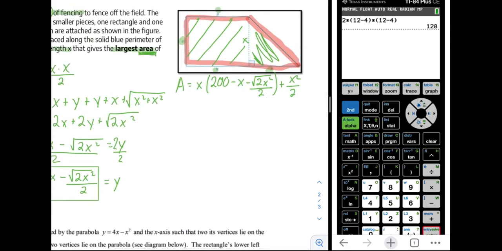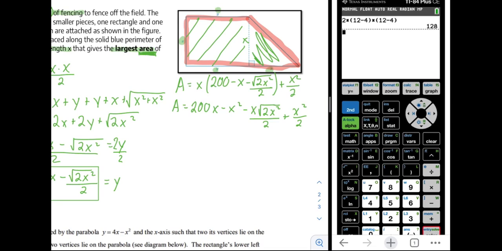So since I want to optimize the area, I need to find the derivative of the area. So before I can find the derivative of the area, I can write everything in terms of x to the power of something. So I have that the area, I can distribute the x in front of the brackets, and I'm going to get minus x square root of 2x squared divided by 2 plus x squared divided by 2.